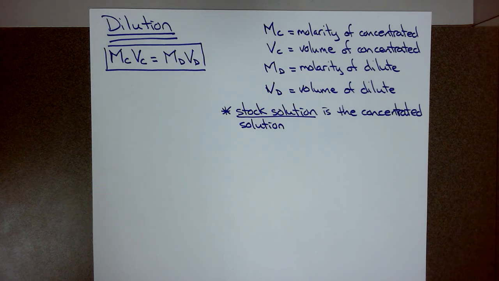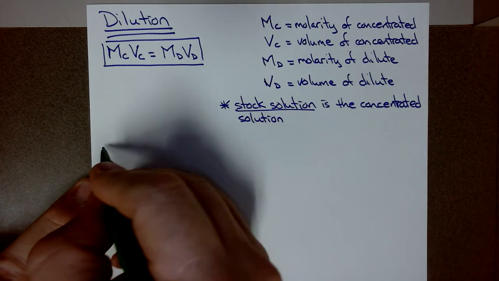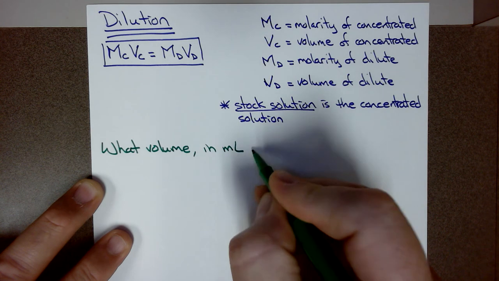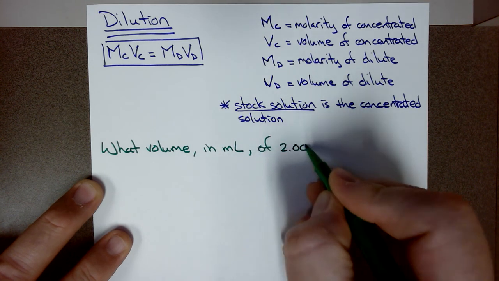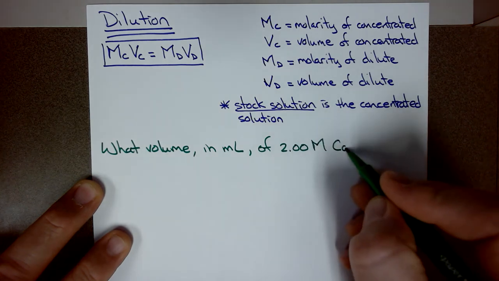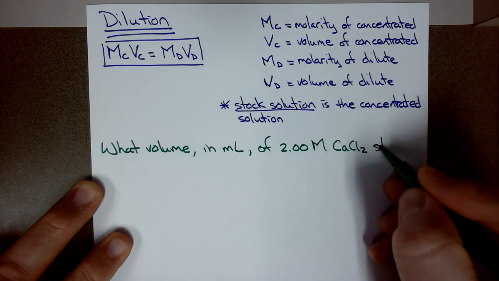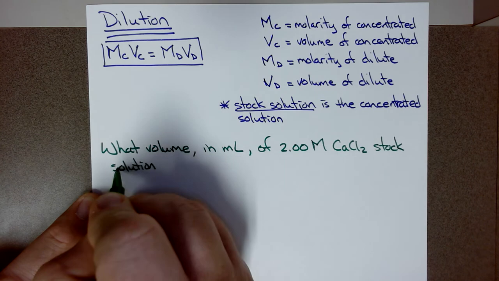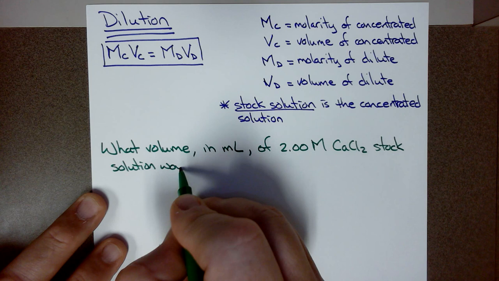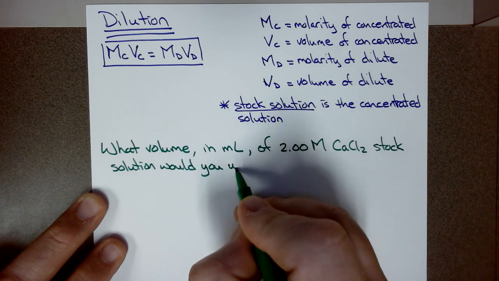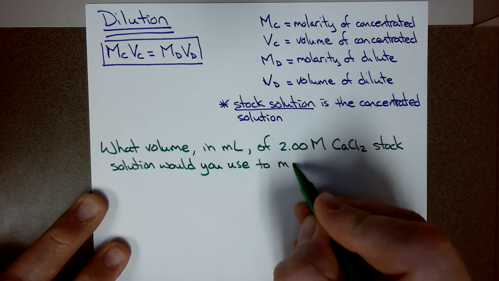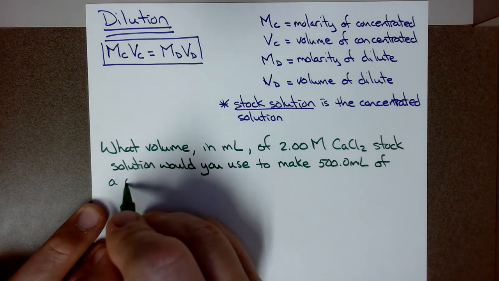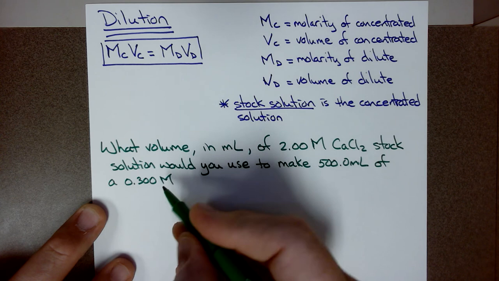Our practice problem is: what volume in milliliters of a 2.00 molar calcium chloride stock solution, so that means that's the concentrated solution, would you use to make 500 milliliters of a 0.300 molar calcium chloride solution?